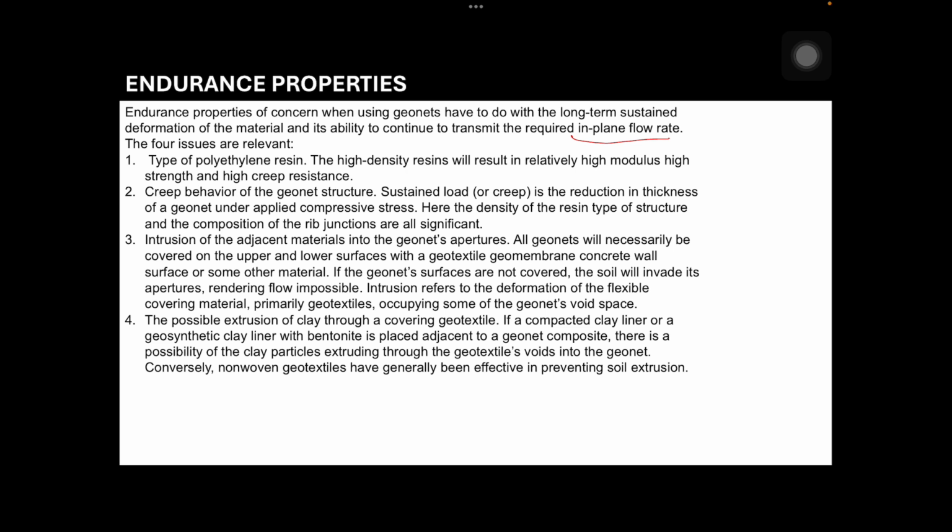So, to get a good creep behavior, that will depend on the density of the plastic you use and the type of junction of your geonet. Its intersections are the junctions.